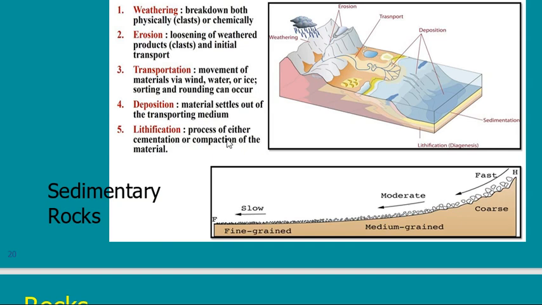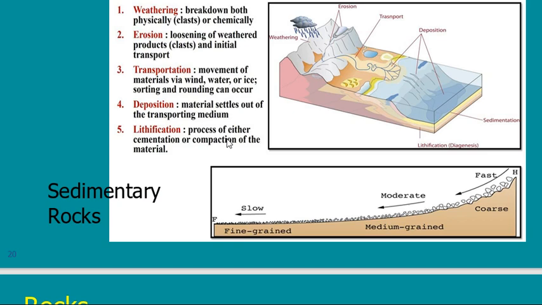If I just put a material in between, and this material works like a glue, it will join the pieces together. But if I put pressure and temperature, they may become one piece, like when you bake a cake.